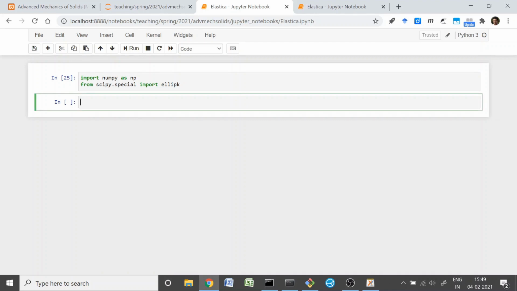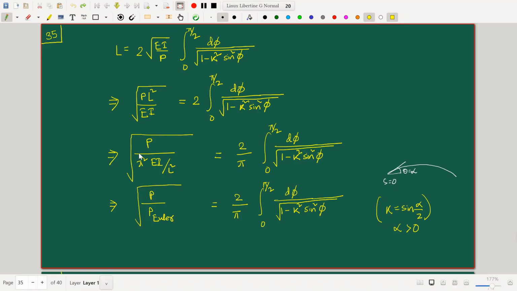All right, so now that we have this, we are not going to separately specify a value for this p and then these different values of e, I, and l. Rather, we'll specify a value for this particular ratio, p by p Euler. That should be sufficient. So that is basically equivalent to specifying a value of p if the values of e, I, and l are also known to us.